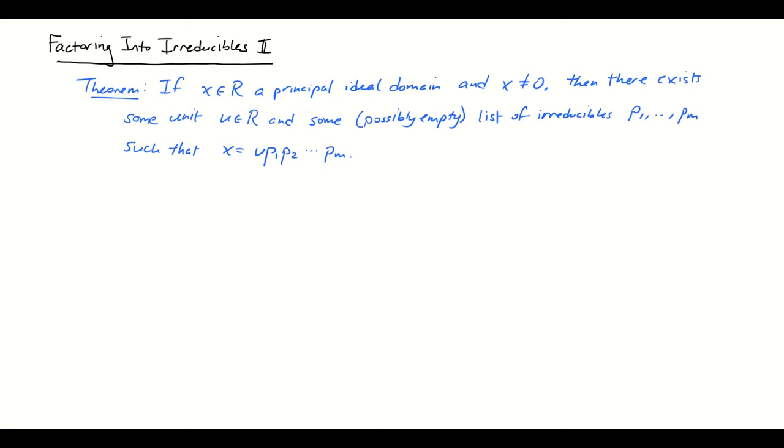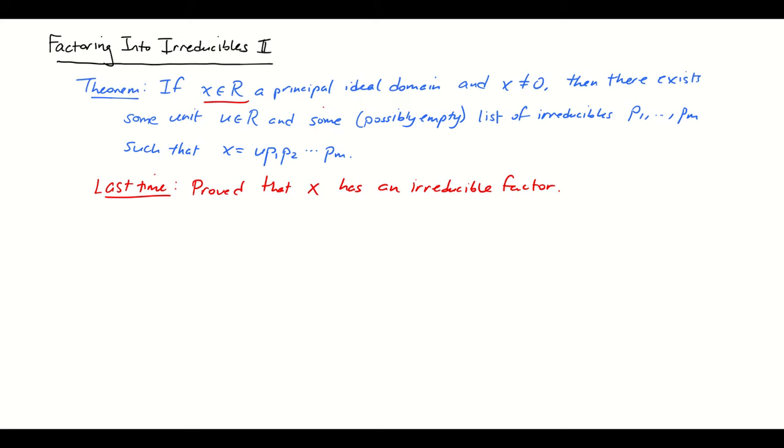Last time we got started, but we ran into an obstacle. We only managed to prove that x has an irreducible factor. And in fact, we proved that not just for the x named in the theorem statement, but really the argument that we used would have worked for any element that's non-zero and not a unit.